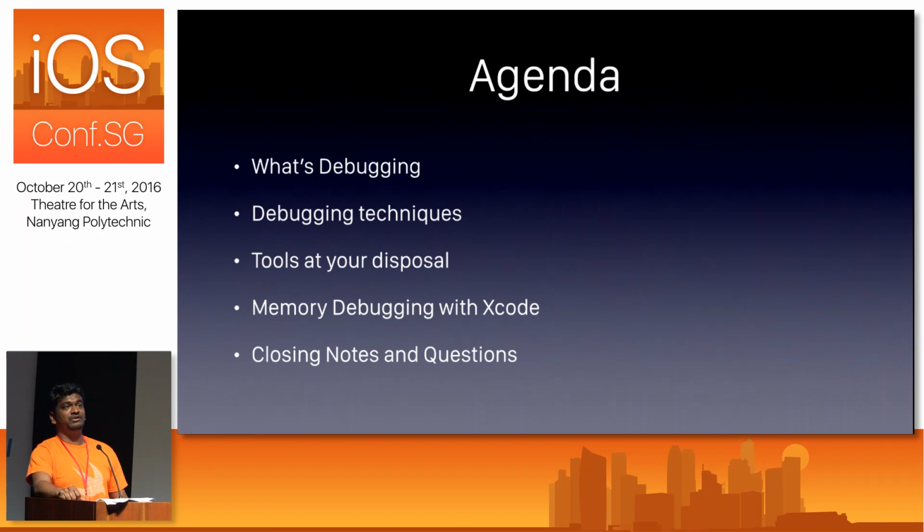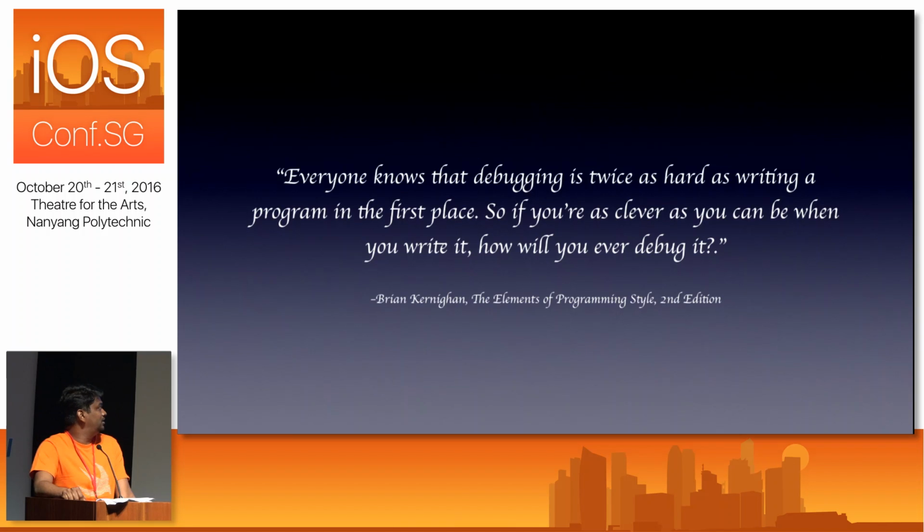So before we start, I want to start with a quote from a very famous computer scientist, Brian Kernighan. I believe most of you have known him and this quote, right? How many of you write clever code? No, I mean, we all have been there before, right?